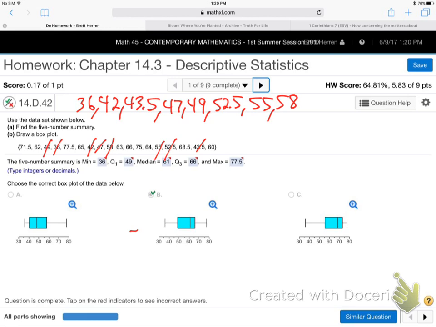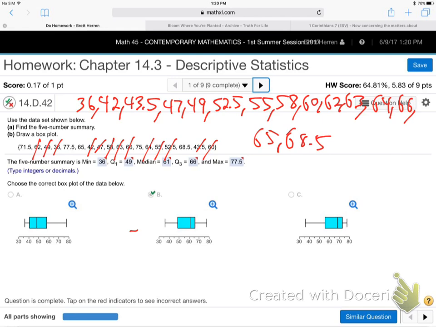Oh, there's 62 on. 60, 62, 63, 64, 66. Did I miss one? No, let's go 65, 68.5. 68.5 and 65. Any more 60s?